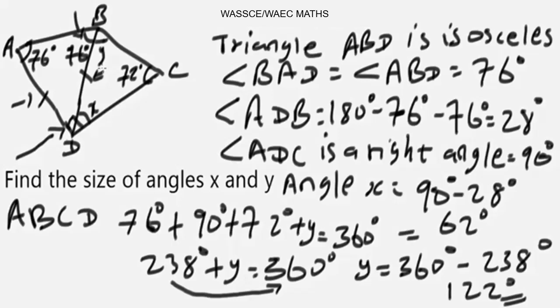You only make use of this 76 degrees when you want to find the x value. But for the y value, you don't use the 76 for this kind of example, because the 76 will not be required to get the value of y. You just make use of the original values in the shape. So when you see similar questions, this is how you attempt it.